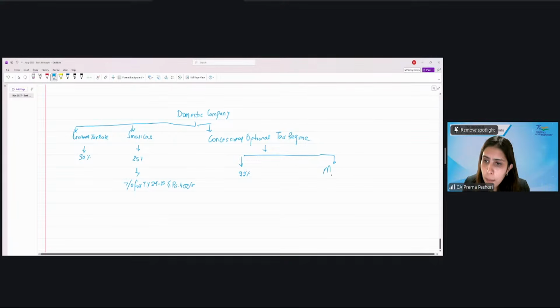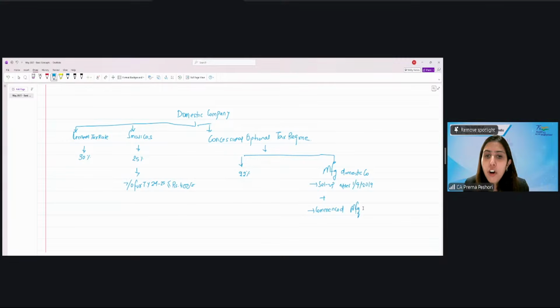Next is for a manufacturing domestic company which is set up after 1st April 2019 and has commenced manufacturing before 31st March 2024.